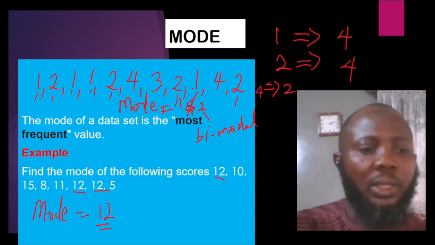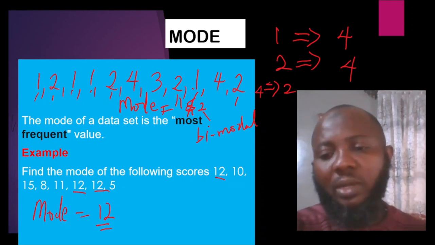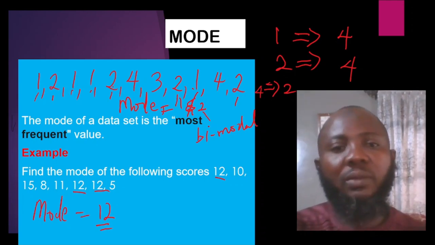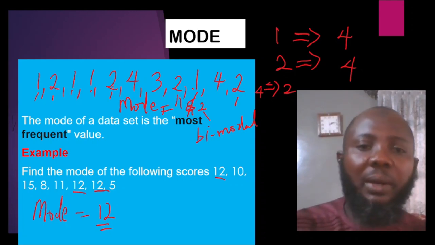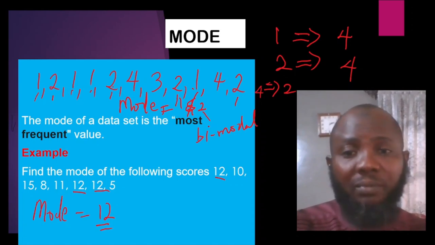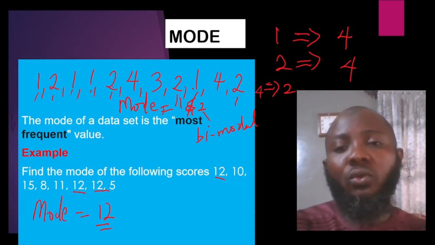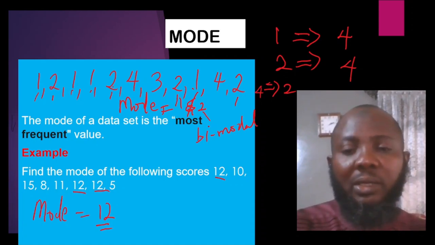Let's now look at more questions on the mean, median, and mode. So you see, this mean, median, and mode that we just introduced is just the beginning of it. So we are not going to go into a complex one. That will be in some other videos.